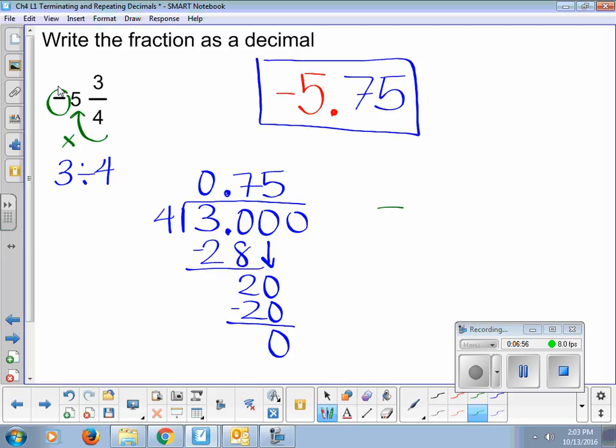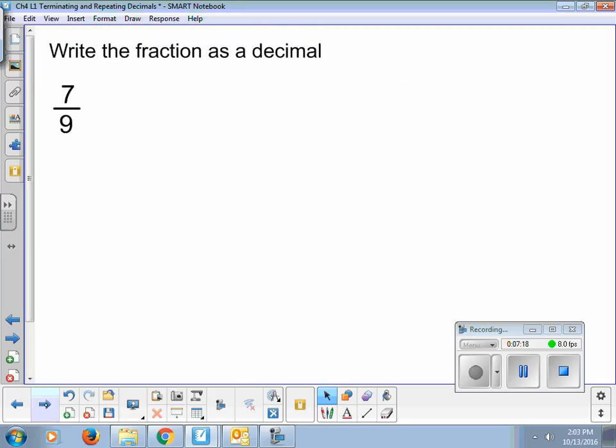You would multiply your denominator times your whole number. What's 4 times 5? 20, and you would add in your numerator, which is 23, and we would keep it over the same denominator, which is 4, and then you could divide 23 divided by 4. You would still get -5.75 as your answer.